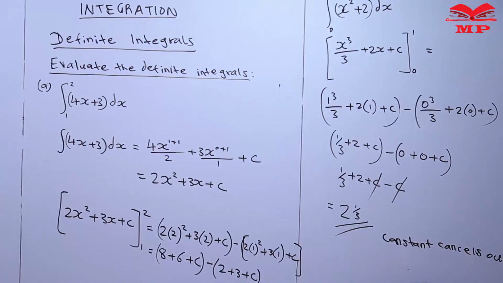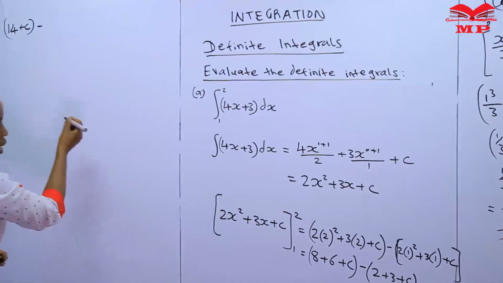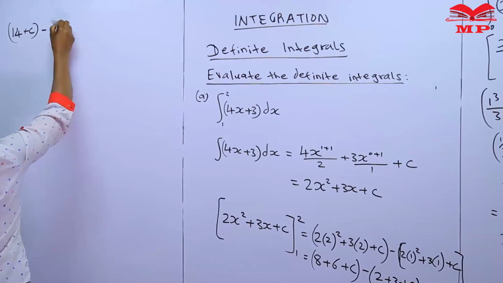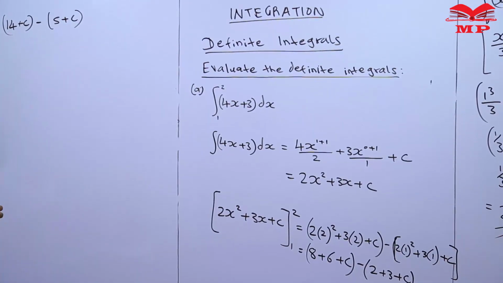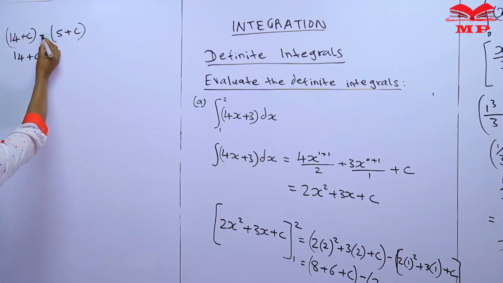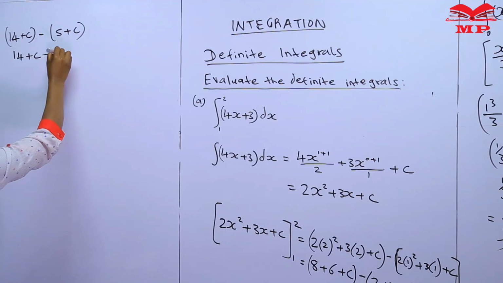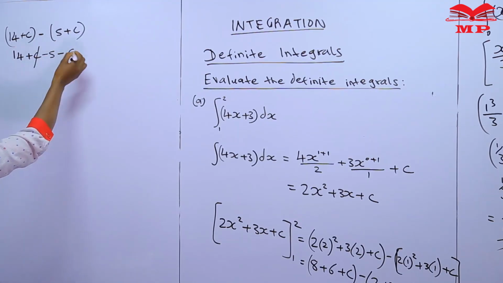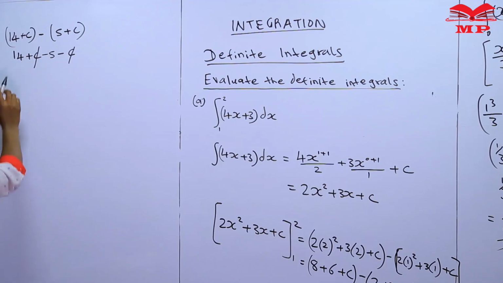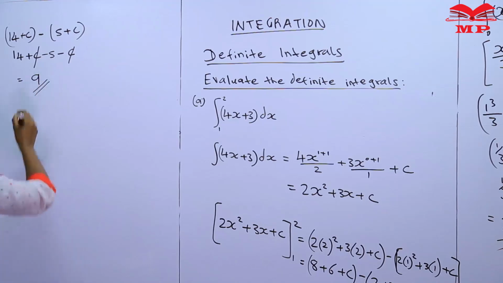So we get 8 plus 6, we get 14, 14 plus c, then minus 2 plus 3, that is 5, then plus c. So now we can open the bracket. We'll have 14 plus c, minus 5, then minus c. So this c and that c will cancel. So we remain with 14 minus 5, whereby we are going to get that as 9. So our answer to that is 9.